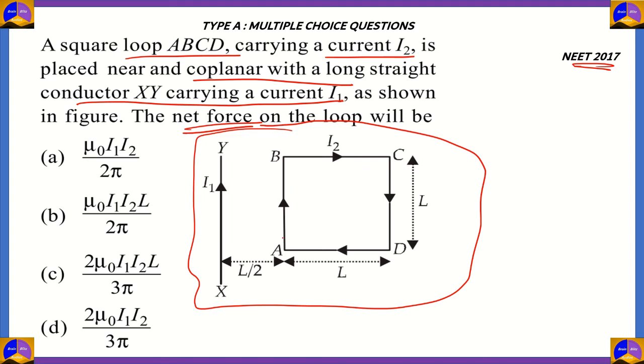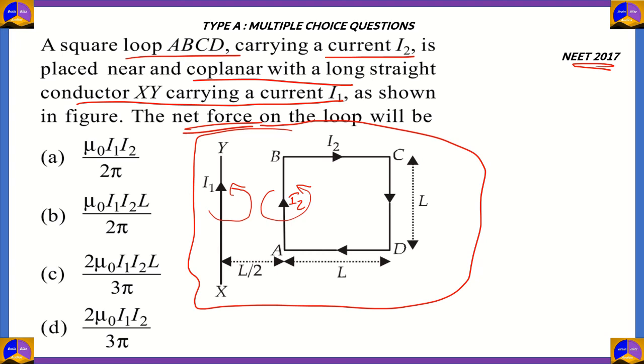Now, if you look at the following diagram, you can see that the current passing through AB is in the same direction as that passing through XY. So I2 here is passing in the same direction as I1. So both of them are going to have counterclockwise loops of magnetic field.